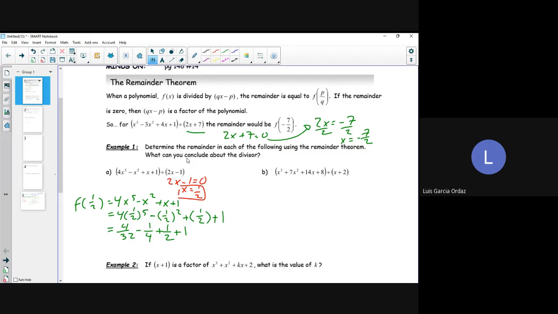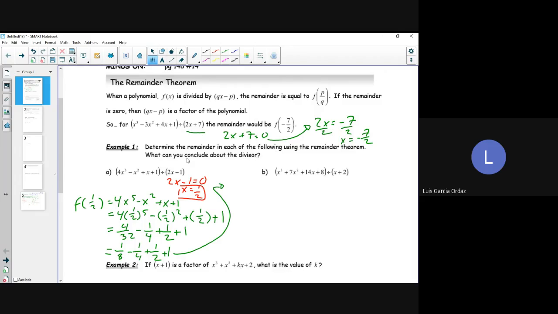Okay. Can we simplify anything? Yeah. Okay, what does 4/32 simplify into? 1/8. So we're left with 1/8 minus 1/4 plus 1/2 plus 1.